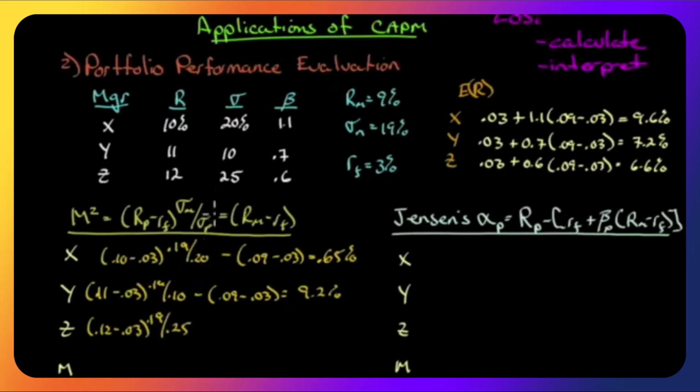So if we have A with a beta of A, the security market line, which is based on the capital asset pricing model, will tell us what the required rate of return is on A given its systematic risk. That's the return it should offer. And all securities that reflect the consensus view lie on the security market line.